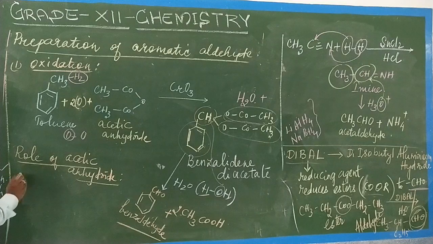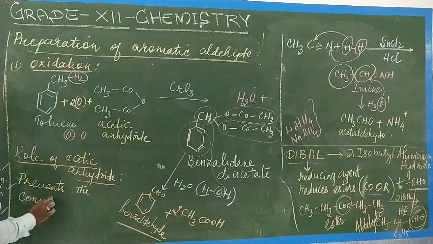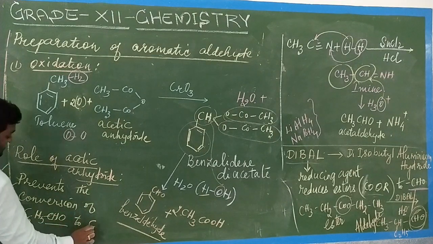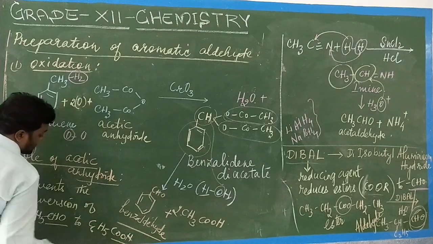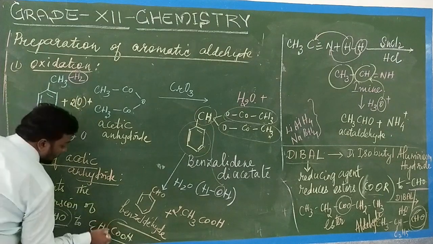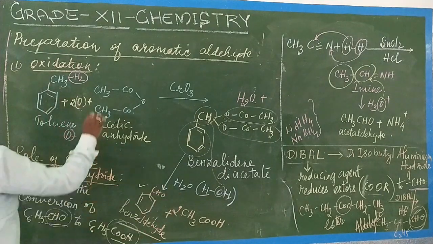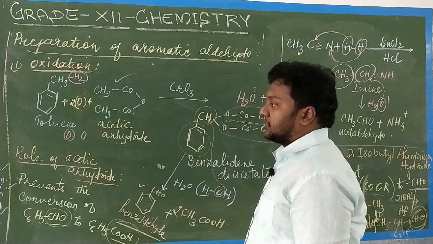It prevents the conversion of benzaldehyde, that is C6H5CHO, to benzoic acid, C6H5COOH. COOH is carboxylic acid. So it prevents the formation of carboxylic acid from the aldehyde. So we are using this acetic anhydride to stop the reaction at benzaldehyde. This is what we call the oxidation method.